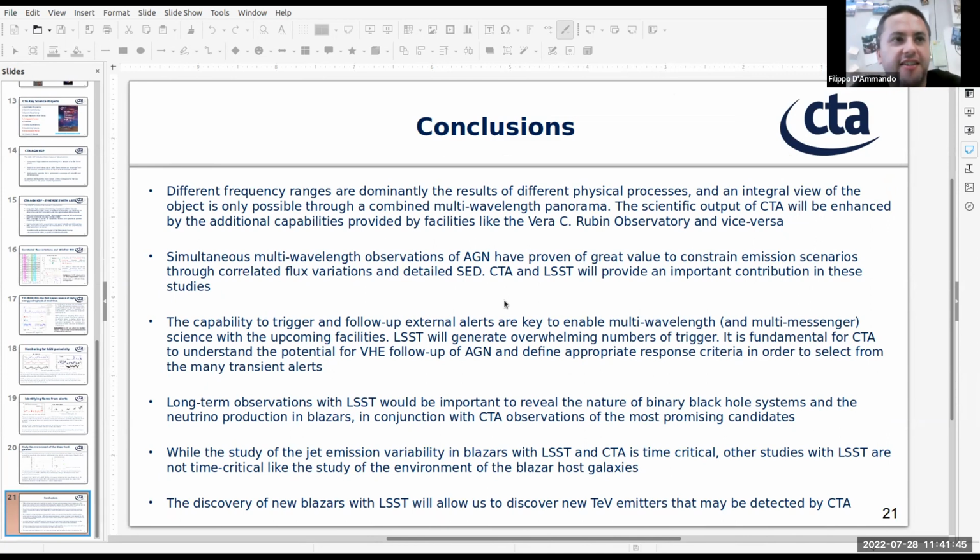It's not so easy to estimate. I think that from a raw estimation, we expect to see with LST at least 150 blazars. One relative problem is that in the deep drilling fields, which should be the best fields in which you can study variability, there are not so many confirmed blazars.